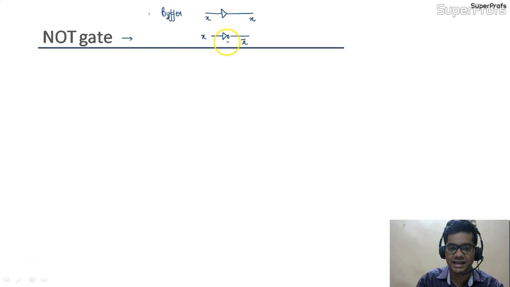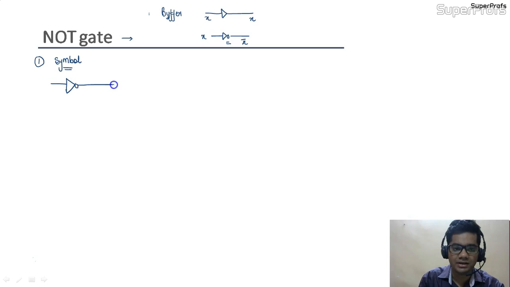So this is the sign for complement. First we are going to see what is the symbol of NOT gate. So we are going to draw the symbol. This is the symbol, students. This is the sign for buffer, and we want to take its complement. So this is the complement. If we are giving the input X, the output would be X bar.